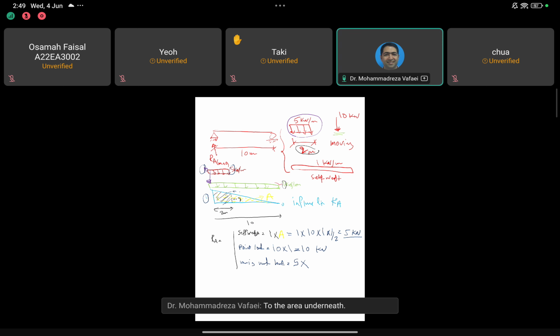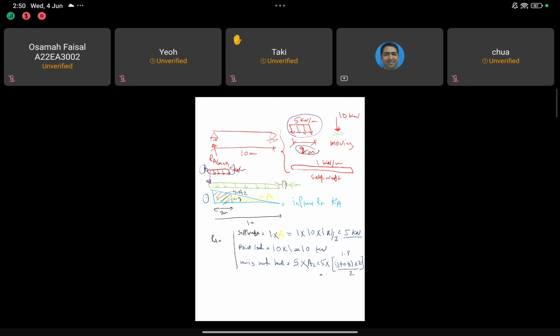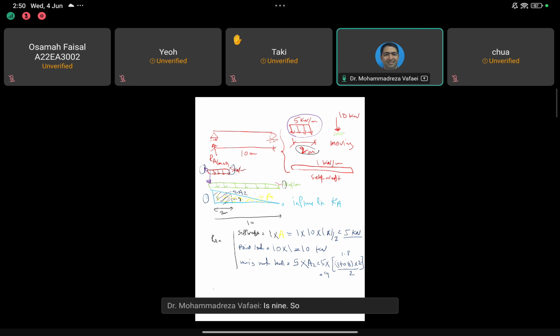This is, let's say, A2. And that is 5 multiplied by (1 plus 0.8) multiplied by 2 divided by 2. So this one is 1.8 multiplied by 5, which is 9.